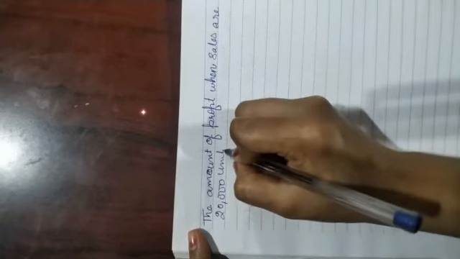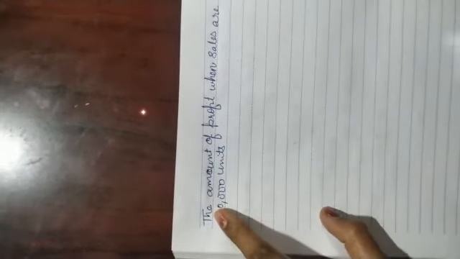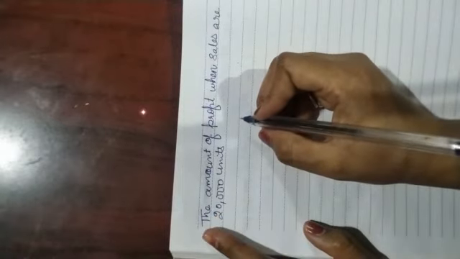Here again sales are given in units, so first of all we will convert this 20,000 units into rupees.